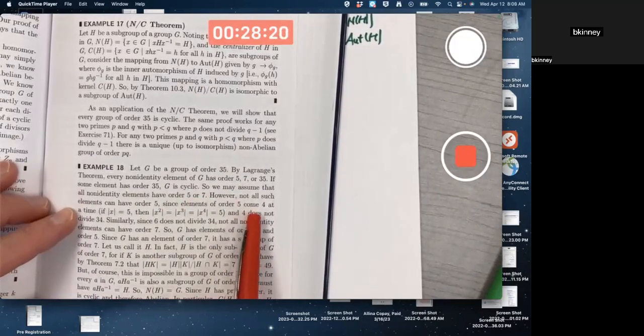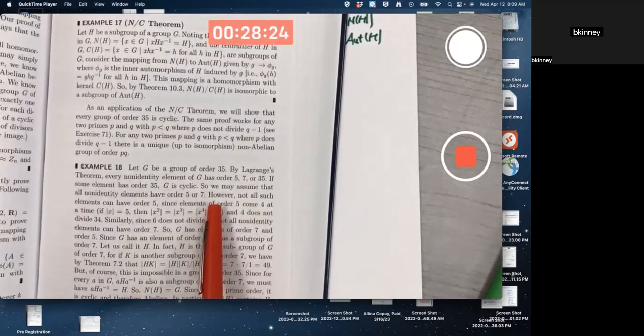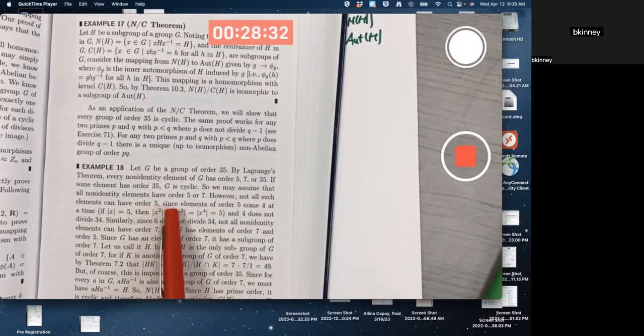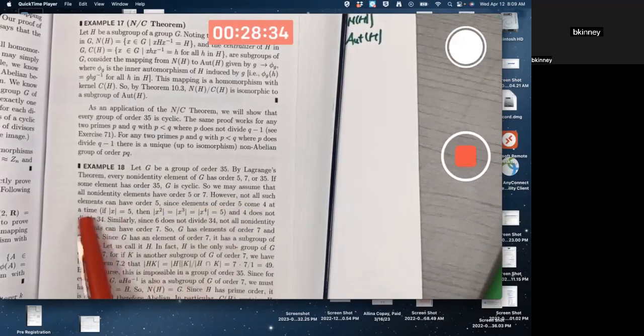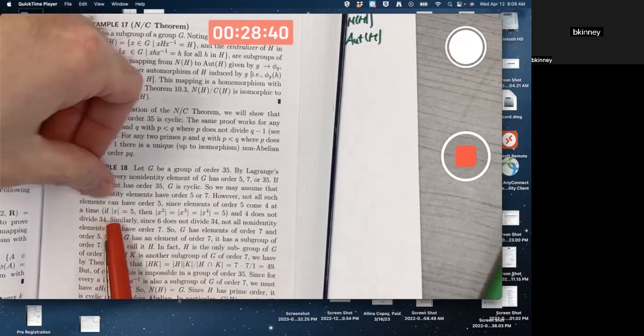The next couple sentences are pretty important to have some intuition about, and we have talked about this a little bit. However, not all such elements can have order 5, since elements of order 5 come 4 at a time. Does that make sense? We have seen this before.